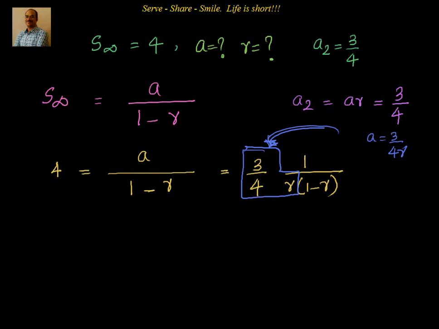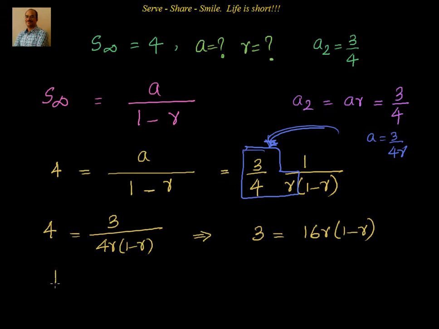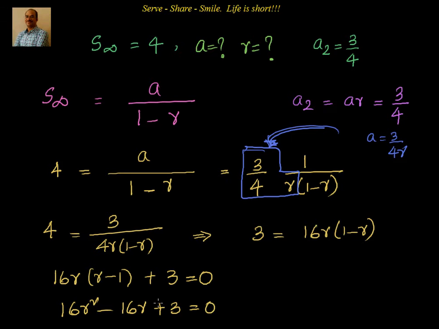So we have a quadratic equation now. We'll try to solve it. We do cross multiplication. I'll write down one more step before I go for that. 4 equal to 3 by 4R into 1 minus R. Cross multiplying, you get 3 equal to 16R into 1 minus R. Or can I say 16R into R minus 1 plus 3 is equal to 0, or 16R square minus 16R plus 3 is equal to 0.